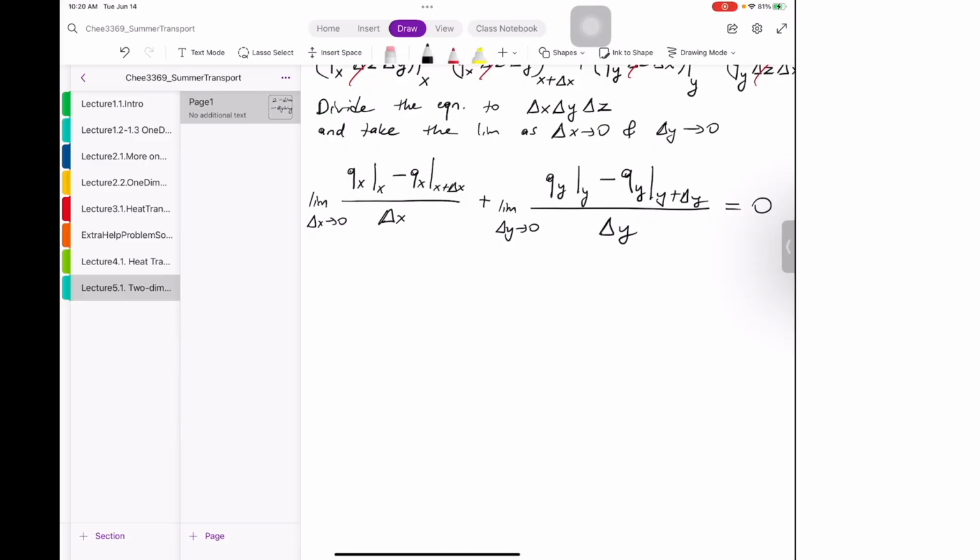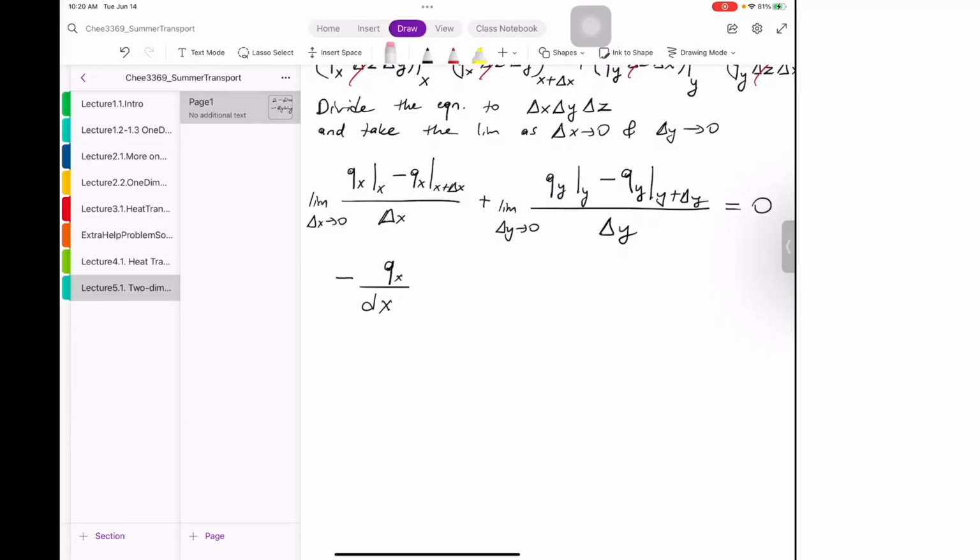Good. The first term is the negative derivative of the flux along the x direction. So that's minus dqx over dx. But I should actually show it in partial derivatives.